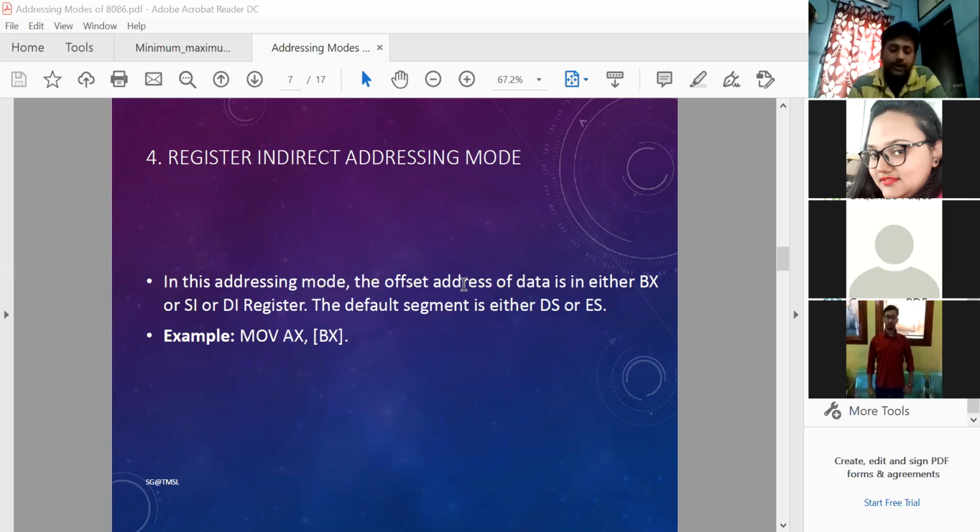That means some register pair, HL, is used to point to a memory location indirectly. Like LXI H, 1234. Now this 1234 will be your memory location if and only if M-related instructions are used in your program. So if LXI H, 1234, then I write MOV A, M.